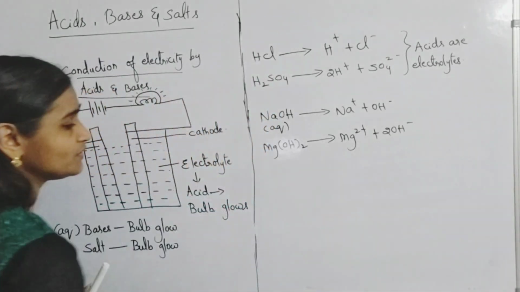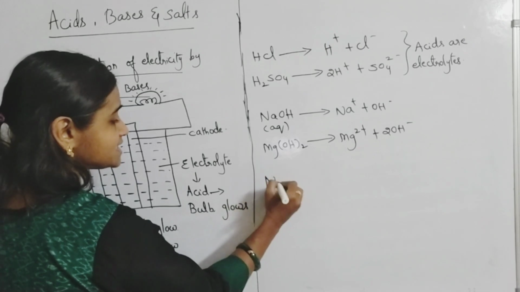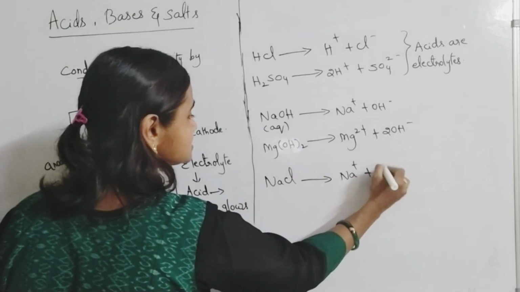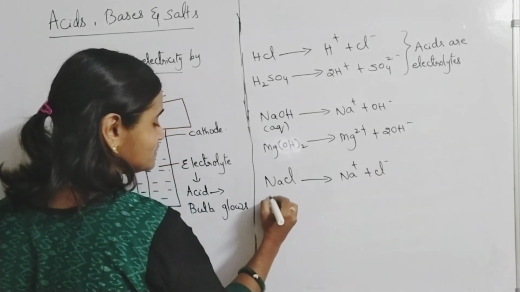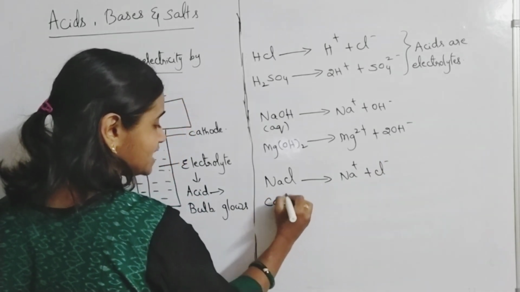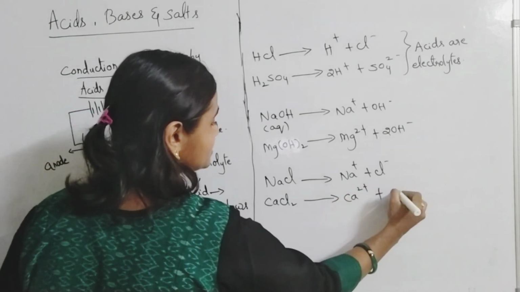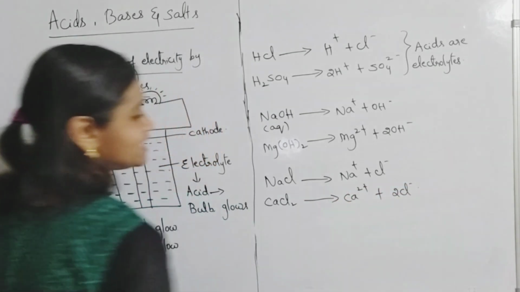Even if you take salt solutions like NaCl, that also splits into its respective ions, Na plus and Cl minus. Same like that, CaCl2, calcium chloride, gets dissociated into Ca2 plus and 2 Cl minus ions.